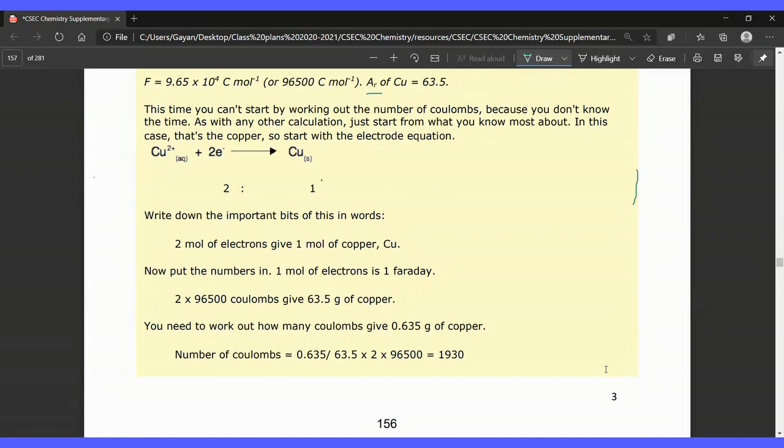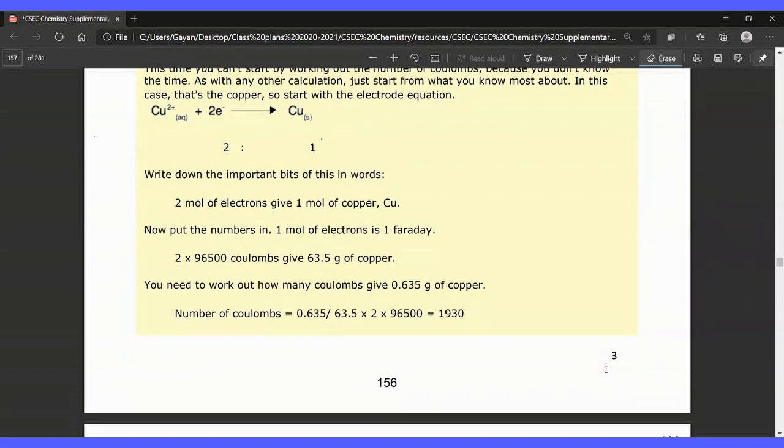Write this down in words: 2 moles of electrons gives us 1 mole of copper. Now put in the 1 mole of electrons as 1 Faraday. As we learned already, if you know how many electrons you need, then you should know how many coulombs you need. So we need 2 times 96,500 coulombs to form 63.5 grams of copper.